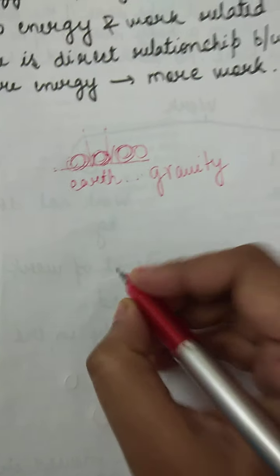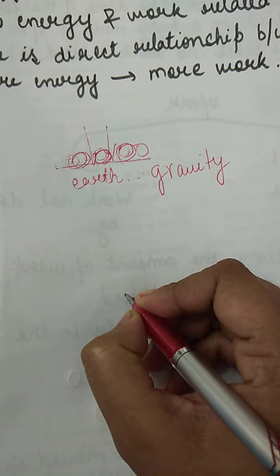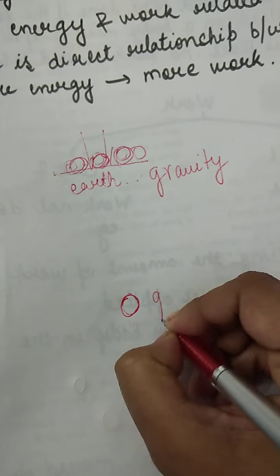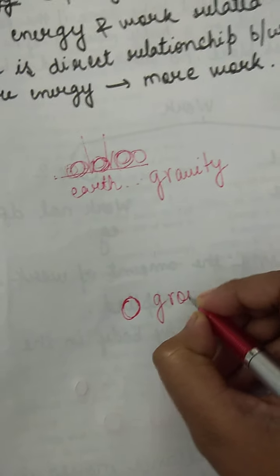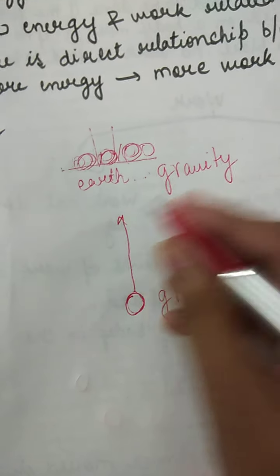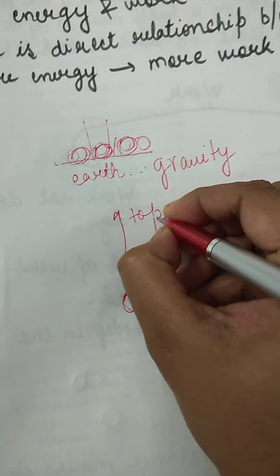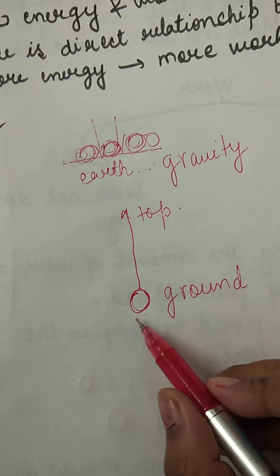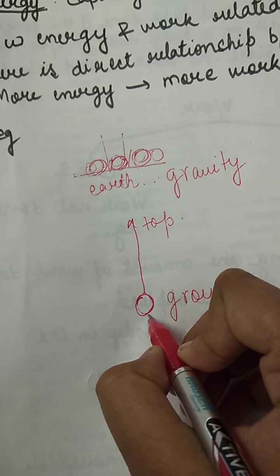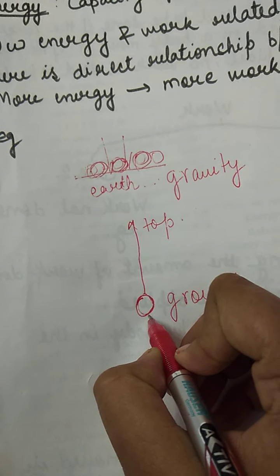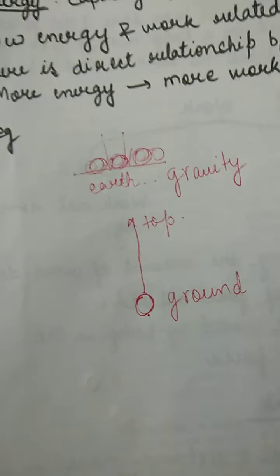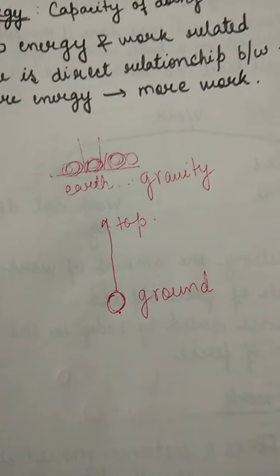If a boy is throwing a ball from the ground to the top, in this condition, work is done by this ball, because this ball was filled with energy when it was in the hand of the boy.